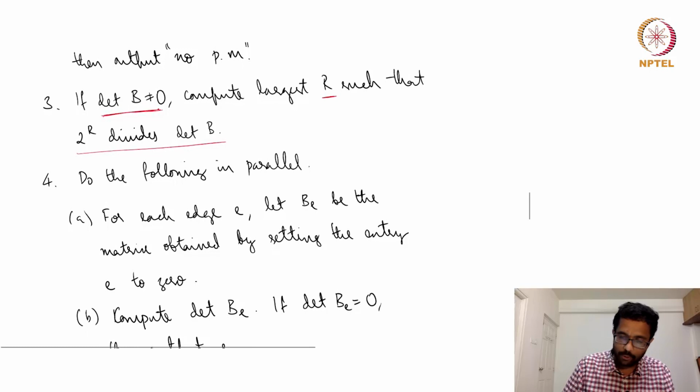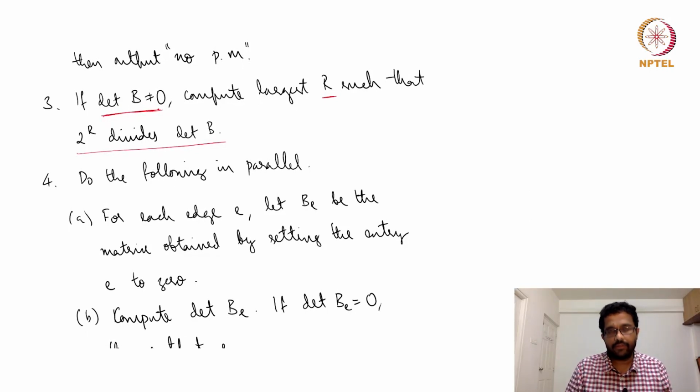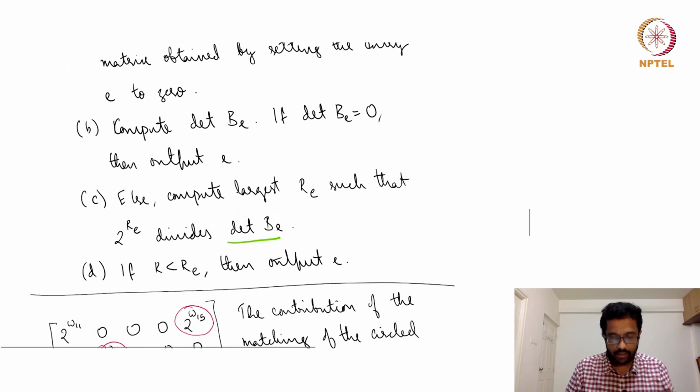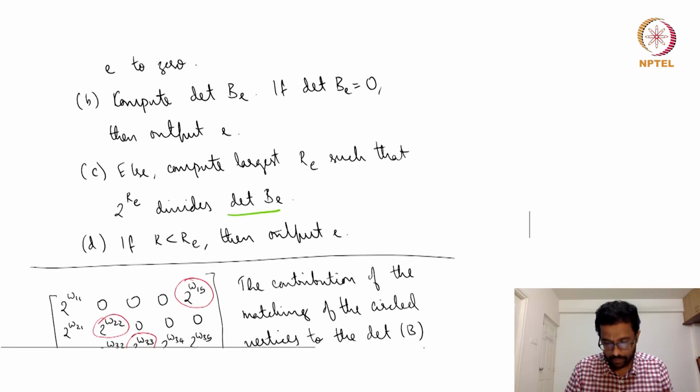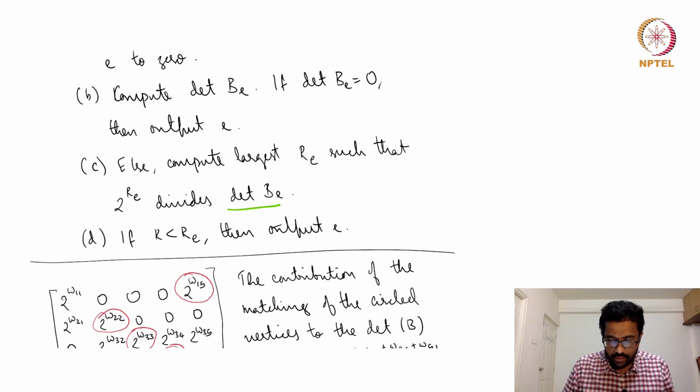Earlier we computed the largest r such that 2 power r is a factor of determinant b. Now compute the largest r_e such that 2 power r_e is a factor of determinant b_e.